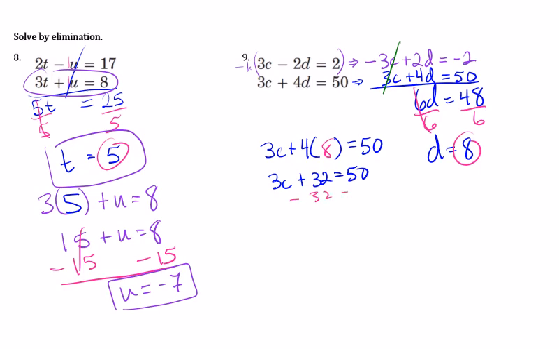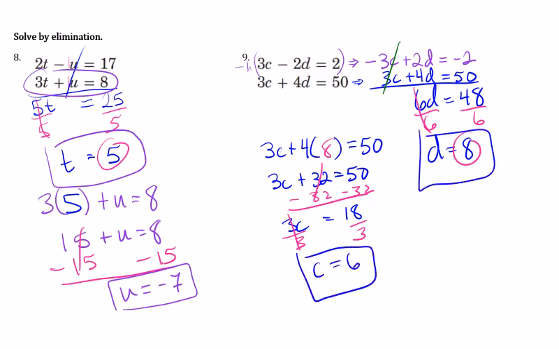Subtract 32 from both sides, and we get 3c equals 18. Divide by 3, and we get c equals 6. So c equals 6, d equals 8. Those are two values. If you put them in as a coordinate pair, just do alphabetical order, (6, 8) with parentheses. But you don't have to do that.